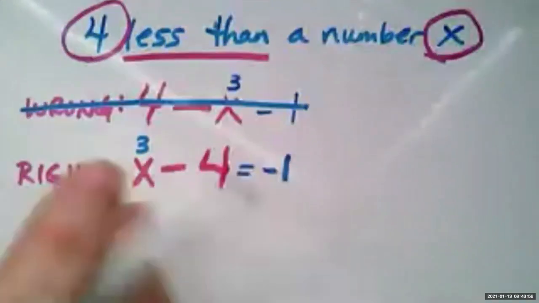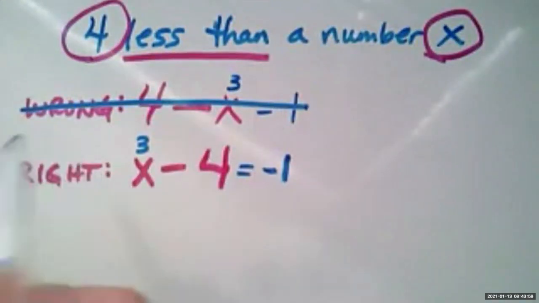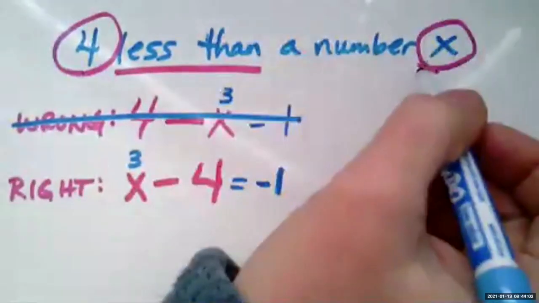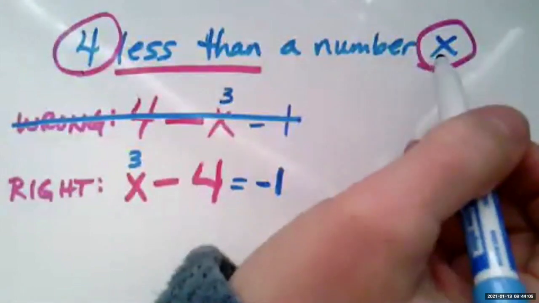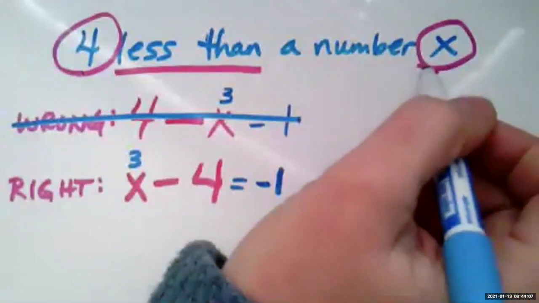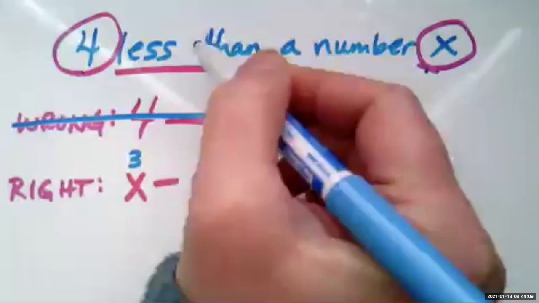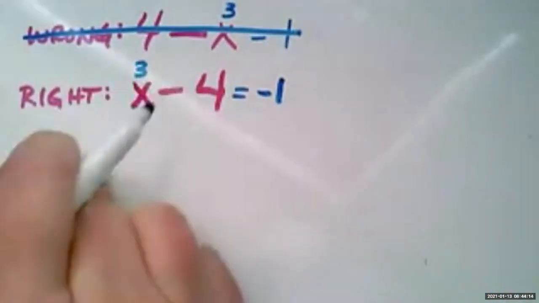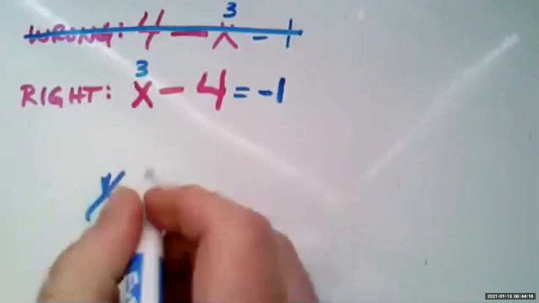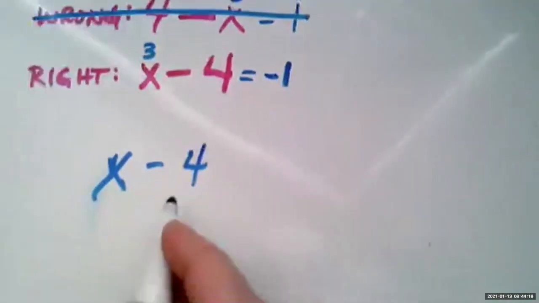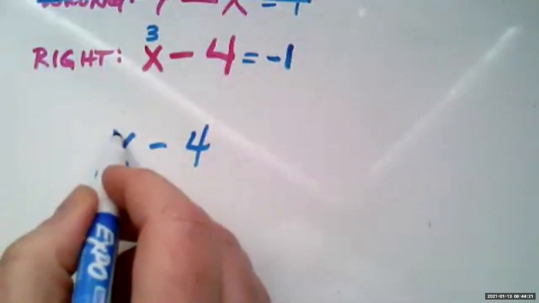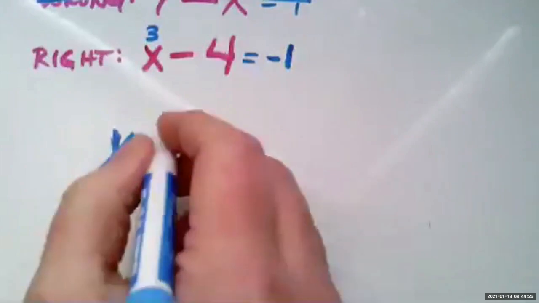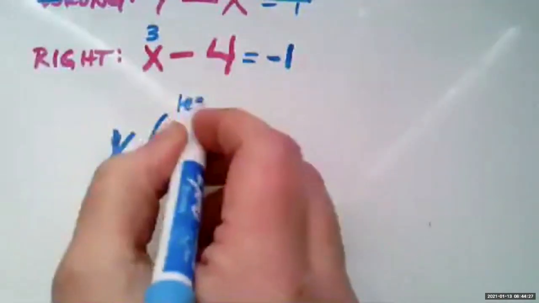What I mean by that is, if I have a number of apples, let's say that I have 15 apples, 15 apples or x minus the 4, and if I said x represents 15, now I have 15 apples, and you have 4 less than me.